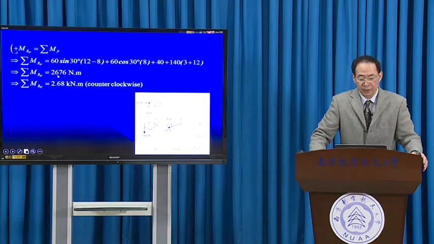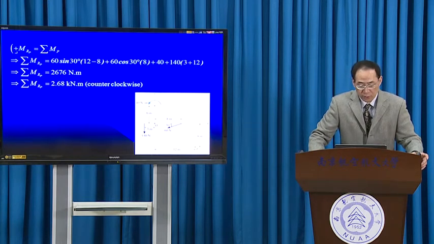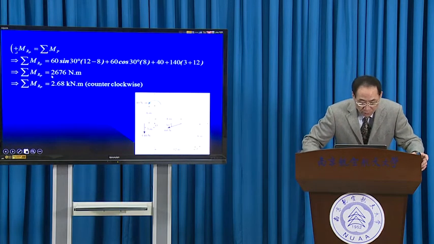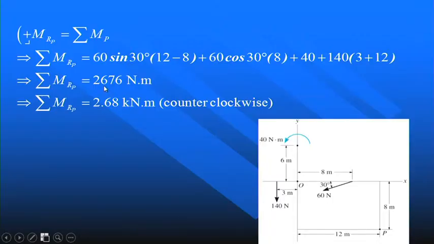Finally, we get the magnitude of this principal moment: 2,676 Newton meter, which can be converted into 2.68 kN meter counterclockwise.